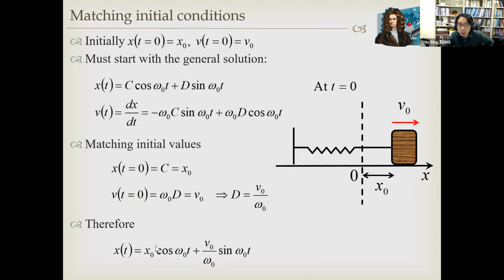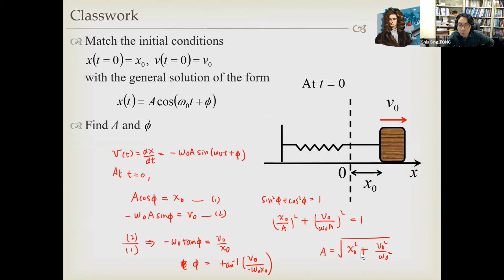For this form, you can fit the X naught and the V naught very easily. But for the other form, you have to calculate the A. But when it comes to the situation where you want to find the amplitude of the oscillation, then you need to do this. You need to find the amplitude of oscillation by using this formula. Okay.